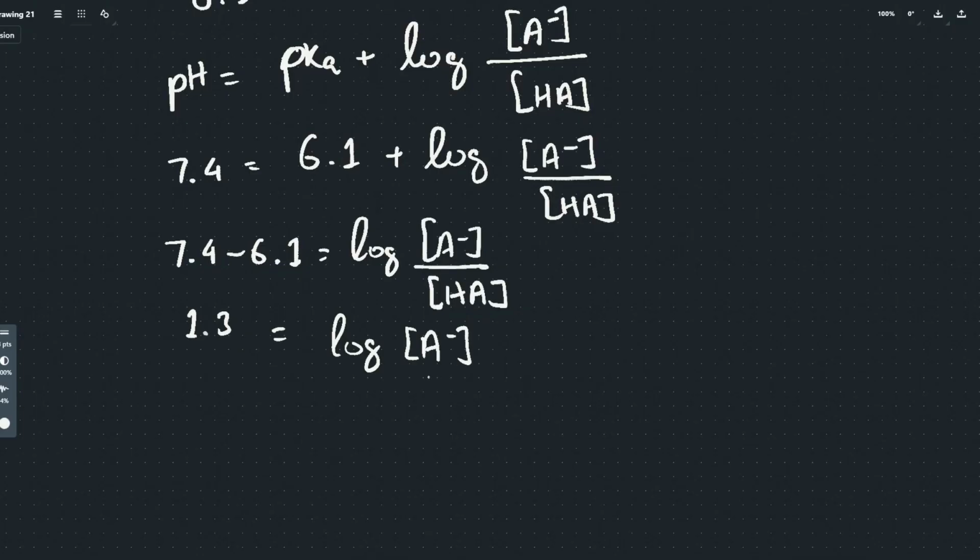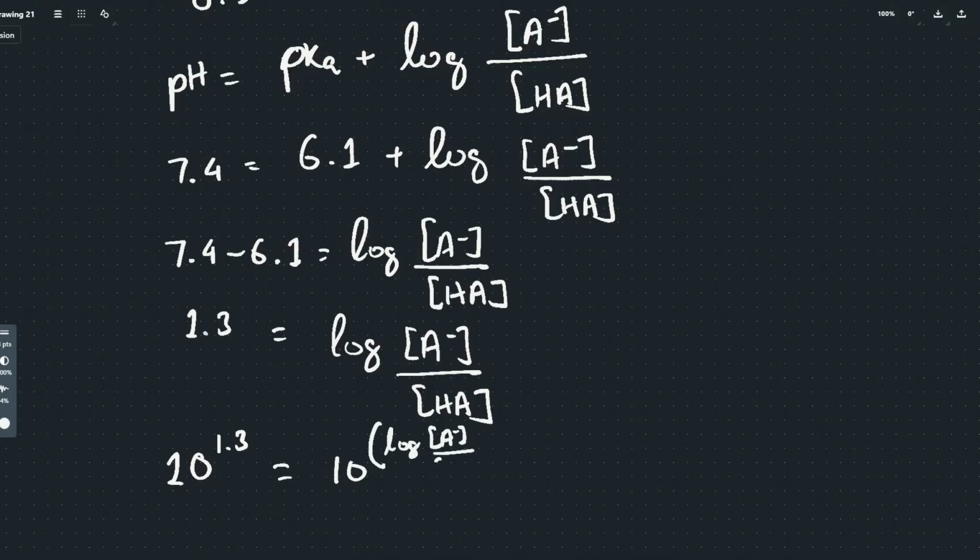Now we can take the anti-log here, and to take the anti-log we simply take the power of 10: 10 raised to power 1.3 is equal to A negative over HA.